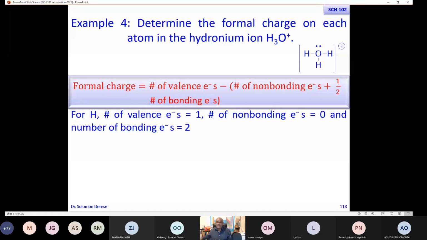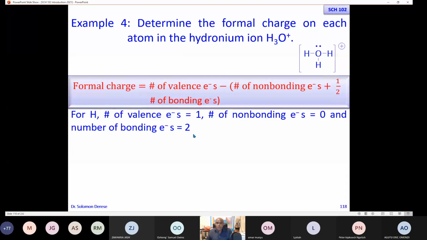Using this, let's calculate the formal charge on the hydrogen, for example, in this particular case. For hydrogen, the number of valence electrons is 1. We do not see any non-bonding or unshared electrons on the hydrogen, so those are 0.